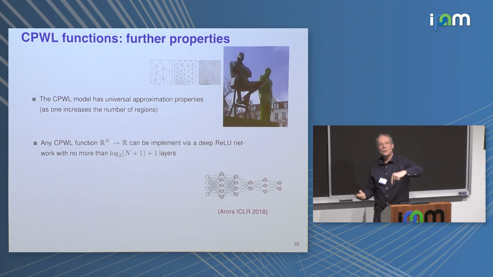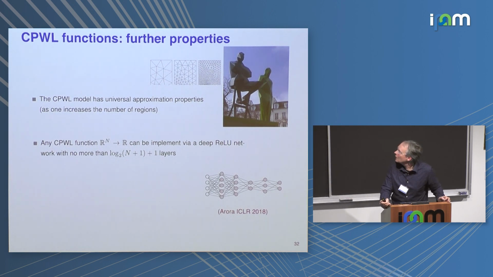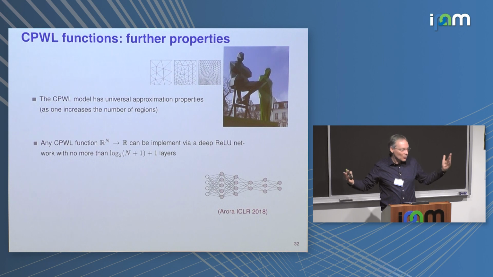Actually, it also goes the other way around. That's not so much known, but if you have a continuous piecewise linear function, you can also implement it with a deep neural network. You just need to put log of n layers, where n is the dimension of the problem. If you put so many layers, you can do it for any continuous piecewise linear function.